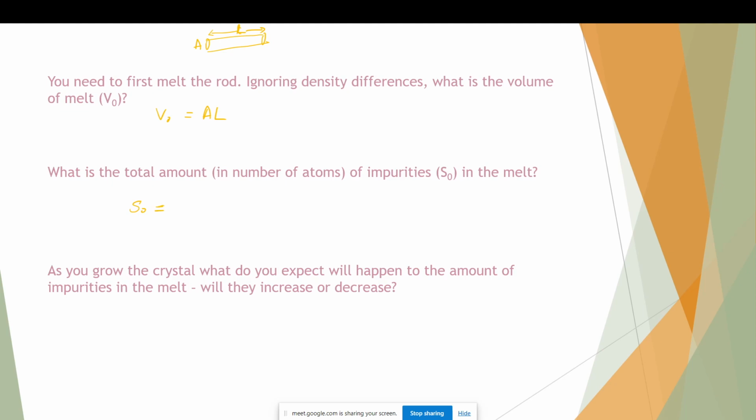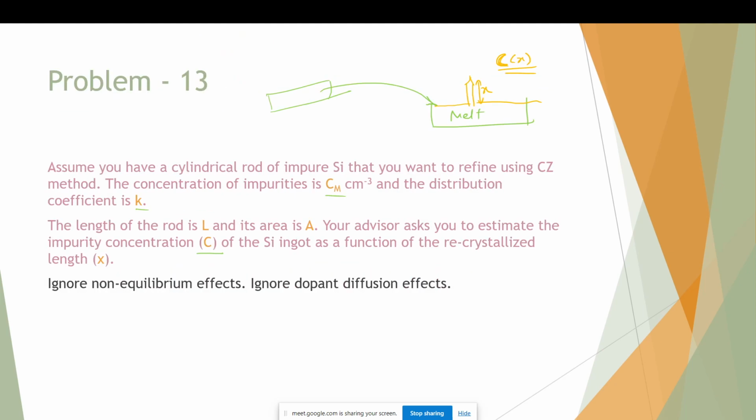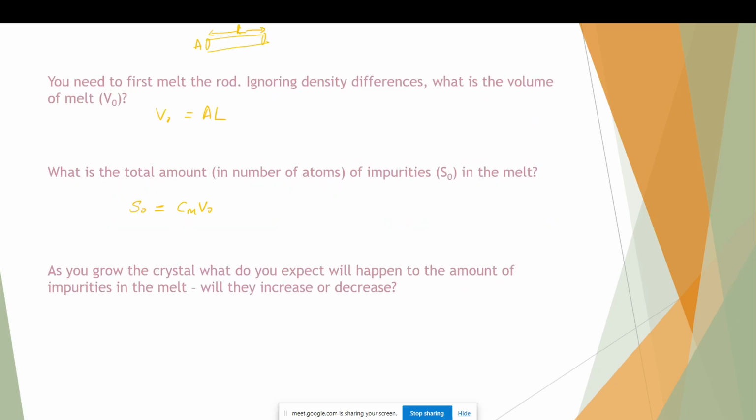So Cm into volume: the concentration is per centimeter cube, so if I multiply it with the volume, that will be the number of impurities. Writing it in terms of A and L, I can write it as Cm A L.